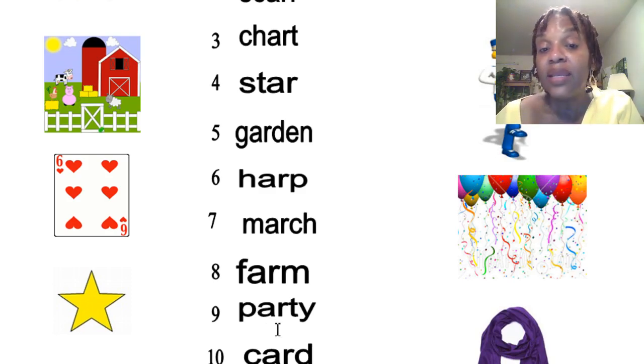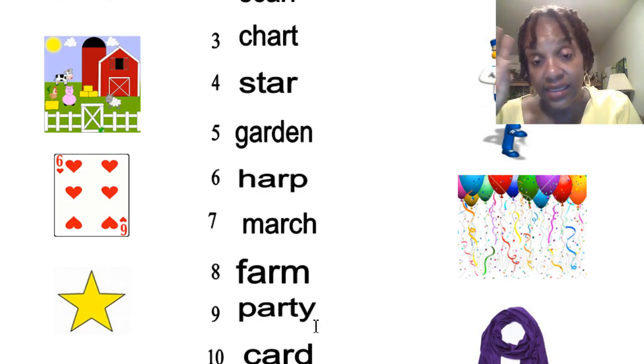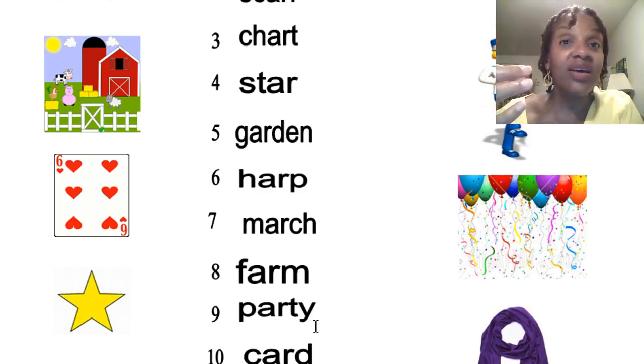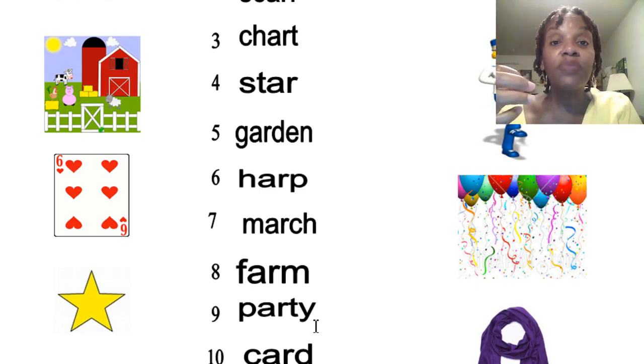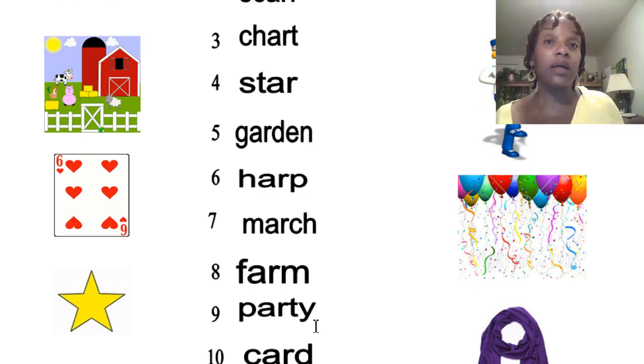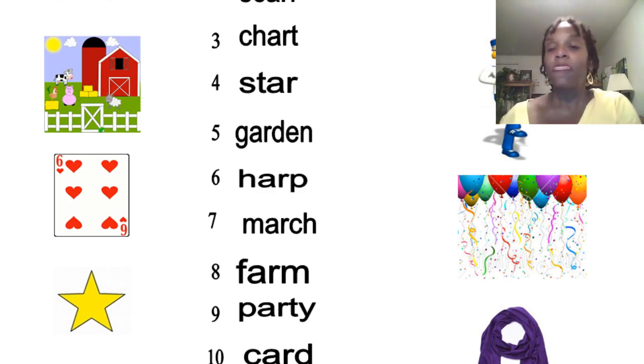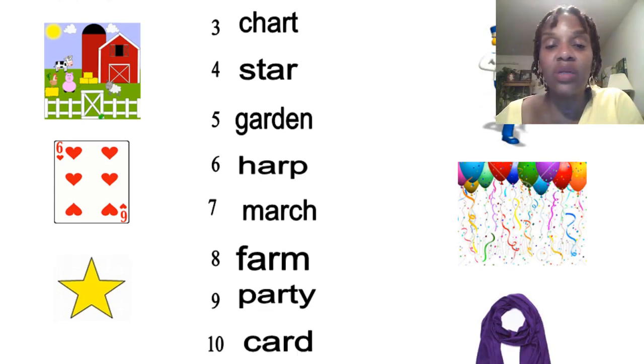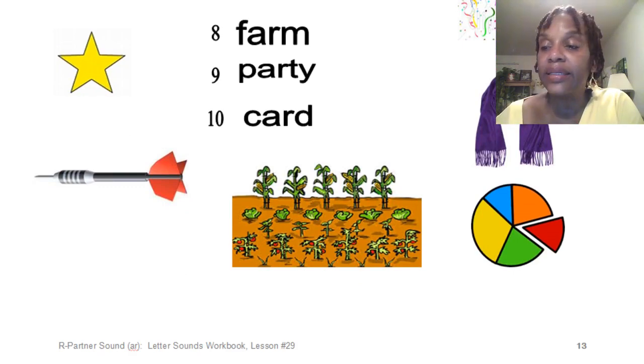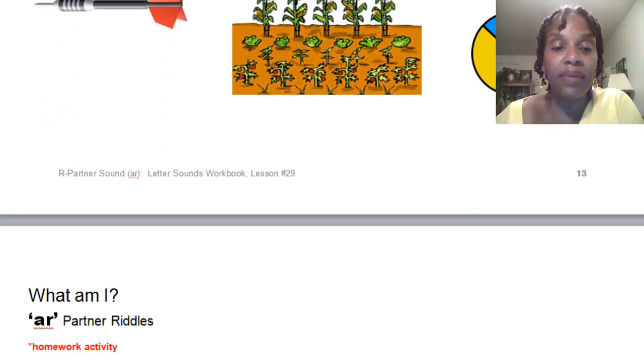Party, okay? Because now you might recall whenever the letter Y is at the end of a word, and there's another vowel in the word, the letter Y acts as a vowel cousin, and it clowns around saying E. Okay? So anyway, I just wanted to point that out, that all 3 of my levels should be able to do that page.